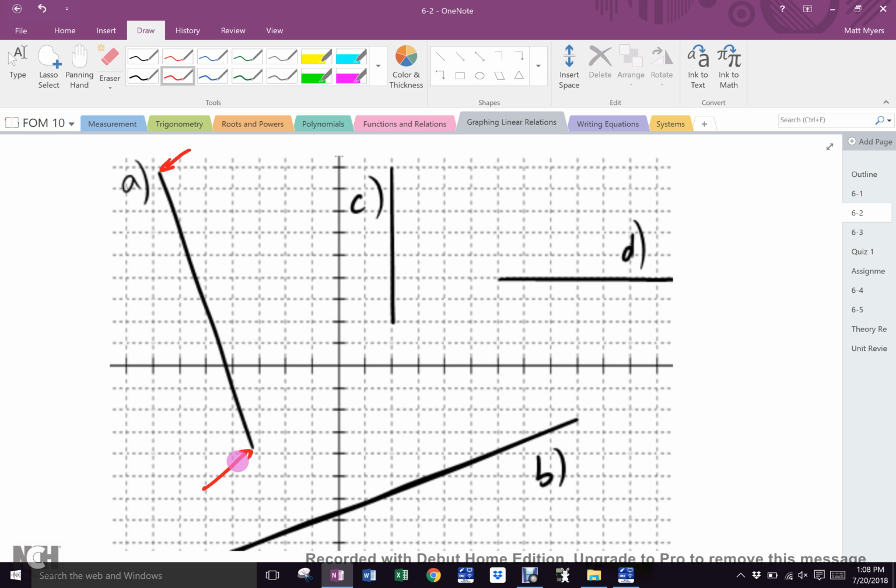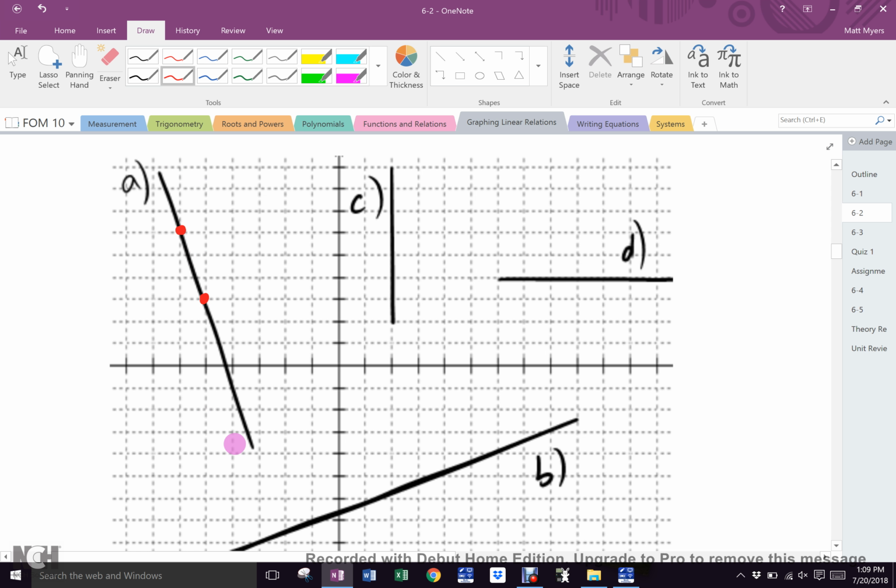Absolutely. Tell me when I should stop my purple dot to get my first x and y. There. And where should I stop it to get my second x and y? There. Now, do I have a graph?